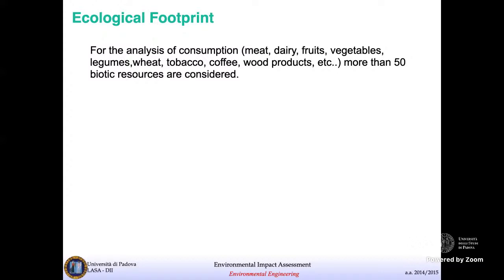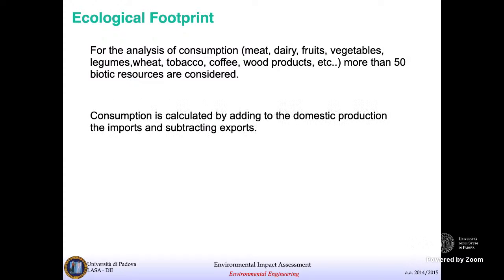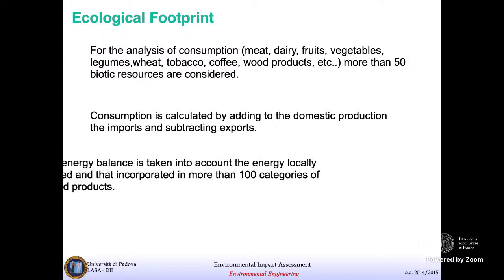For the analysis of consumption in the ecological footprint, for example, you may employ meat, dairy products, fruits, vegetables, legumes, wheat, tobacco, coffee, wood products. So in the classical ecological footprint, we had more than 50 biotic resources. The consumption was calculated by adding to the domestic production the imports and subtracting the exports.